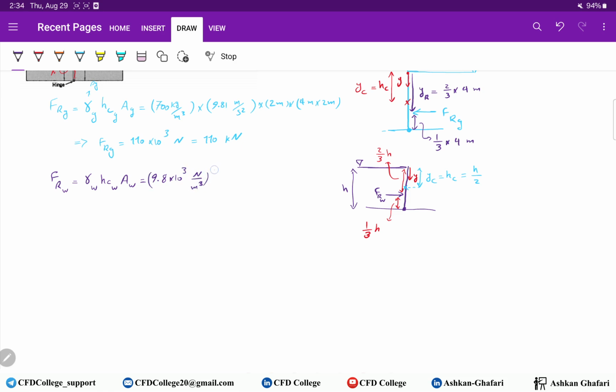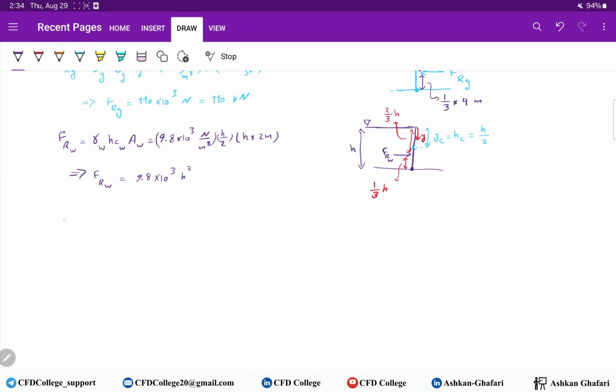This is the gamma times HC times area, H times width, 2 meters. And so FRW equals 9.8 times 10 to the power 3 times H square.